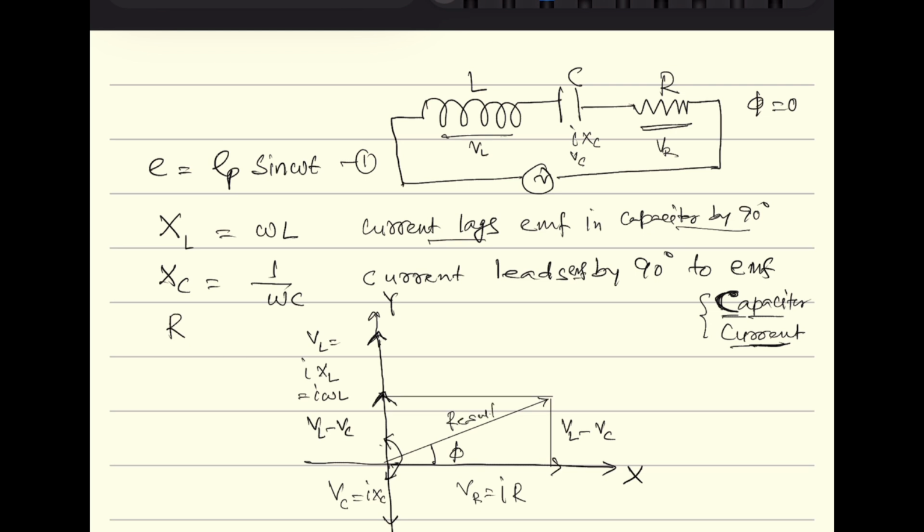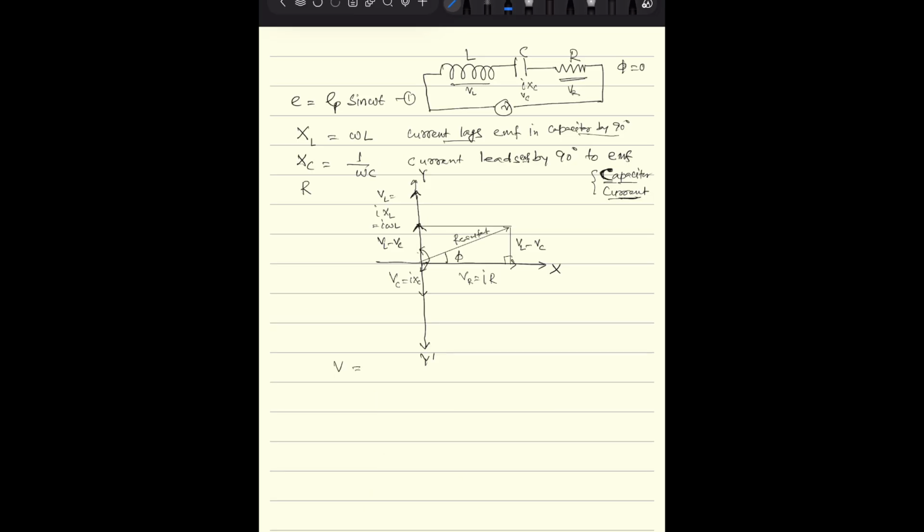This is the resultant potential difference. By the law of parallelogram, H square is equal to P square plus B square, or we can apply the Pythagoras theorem. So the net EMF across the series LCR circuit equals the root over VL minus VC whole square plus VR square.